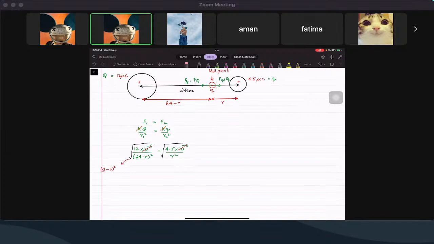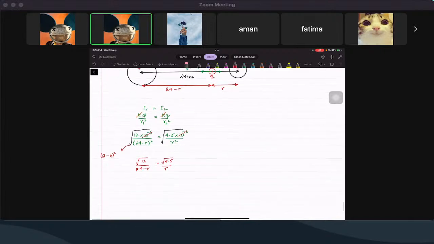This will give us under root 12 over 24 minus r, equals under root 4.5 over just r. Now things become really simple, and you can simply cross multiply and solve this. When you solve this, you should expect an answer of 9 centimeters. Is it clear, everybody?